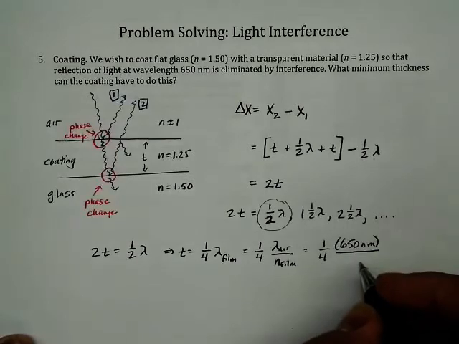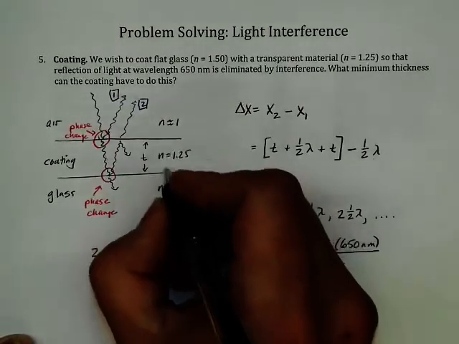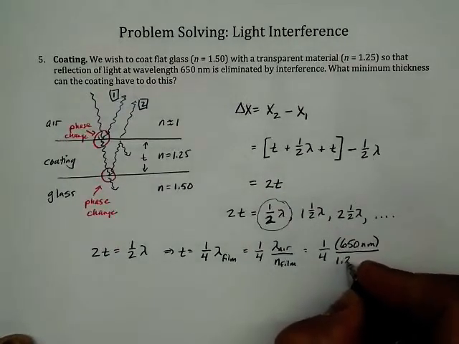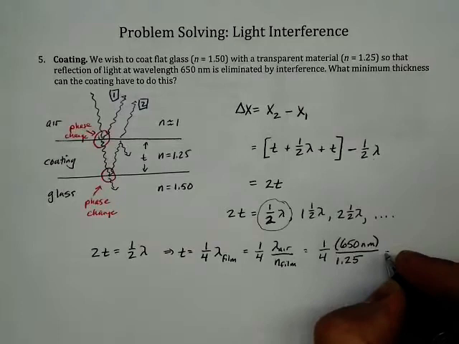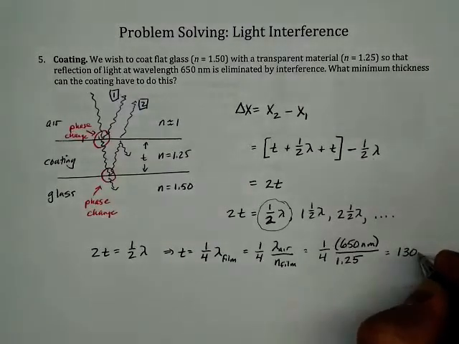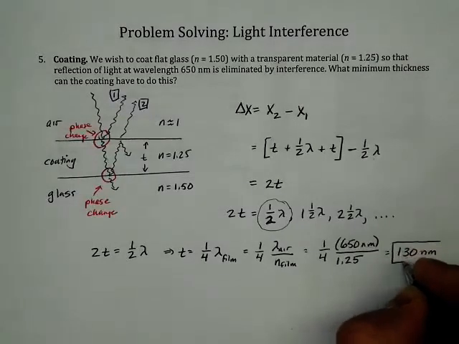Not going to bother changing the units on here since I only have one thing that has units. The thin film has an index of refraction of 1.25, and if we calculate that out, we get 130 nanometers.